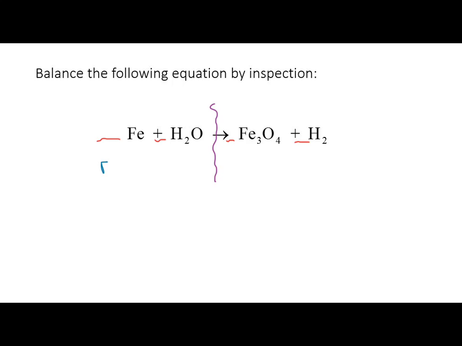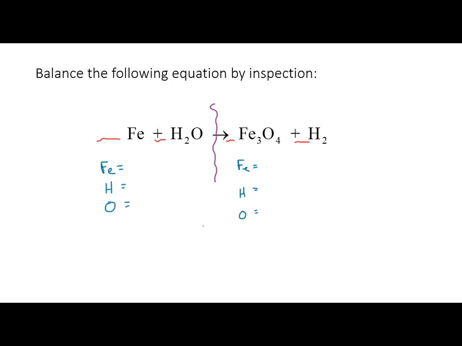So I need irons and hydrogens. I need Fe's, H's, and O's over here, and I need Fe's, H's, and O's over here. What I start out with is just putting what they are right now, with ones.